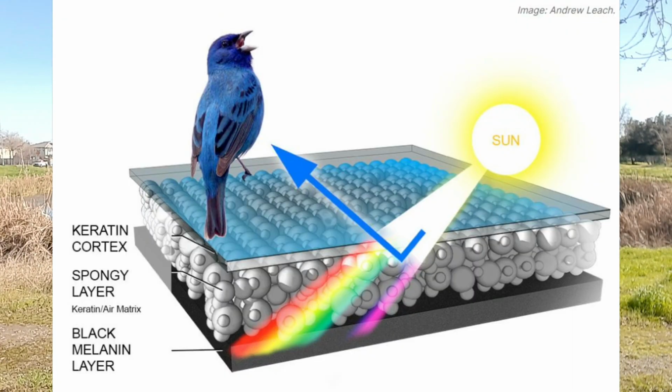And as light passes through this complicated lattice of keratin fibers and air pockets, they are arranged in such a way that specific wavelengths of light bounce off, blue wavelengths, and the rest can pass through and are usually absorbed eventually by the skin of the bird or some other structure. And that is why when you look at a blue feather, it looks blue. All the wavelengths of light are passing through this structure except for blue, which bounces back.